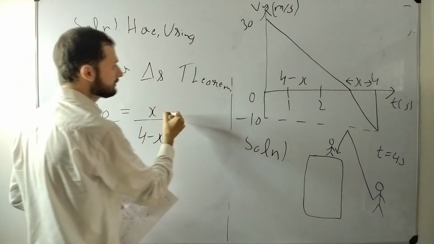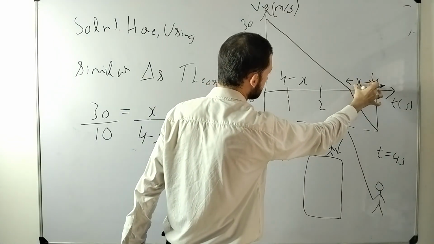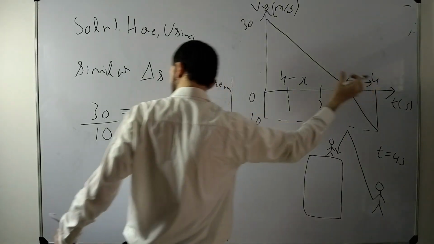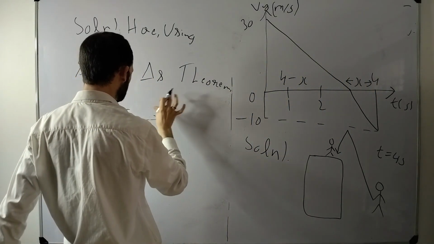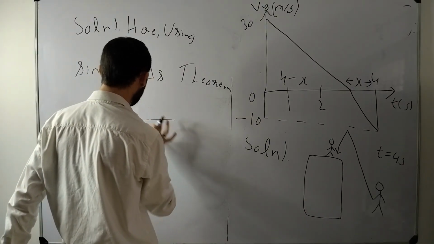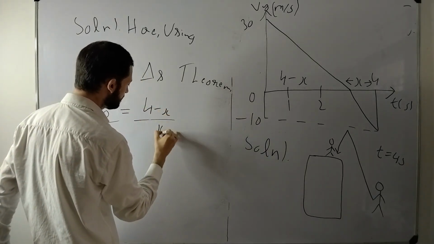So 30 is x. 30, it is here, x. It covers this. 30, and this is 4 minus x. Oh my god, what am I doing. I'm writing inverse. Yes, 4 minus x, this is x.